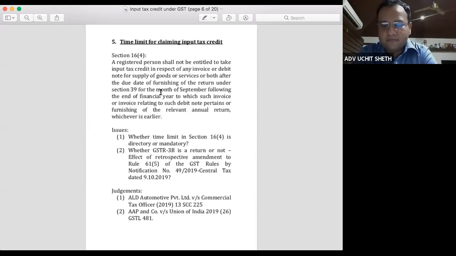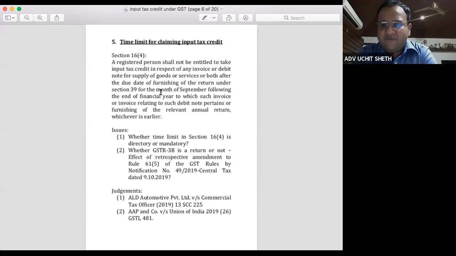The Gujarat High Court took note of Rule 61 of the rules, where there was an amendment made at the time of introduction of the GST regime itself. Initially, in the rule, it was mentioned that GSTR 3B is in lieu of GSTR 3.